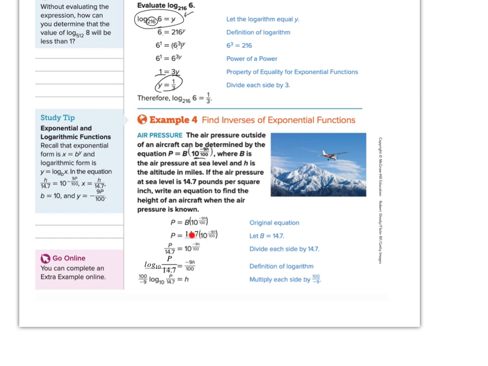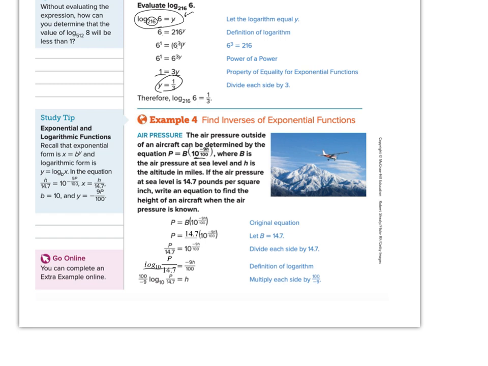looks like they're cross multiplying or simplifying. P divided by 14.7 is equal to this. And I guess, what have we done here? They took log base 10 of both sides, which is a property.